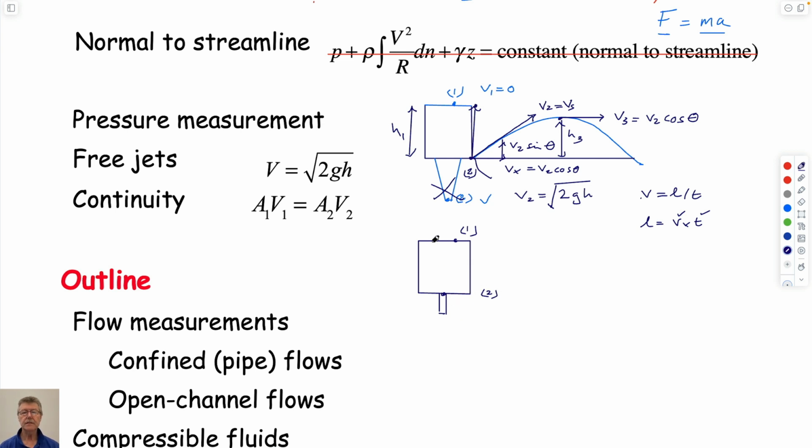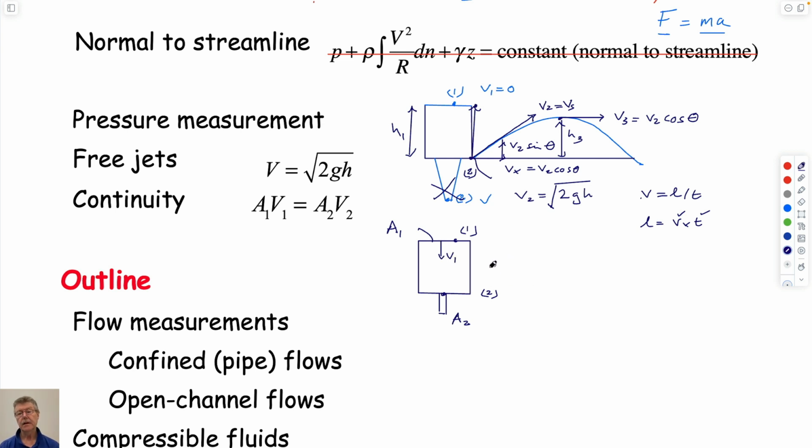What happens if this is a cross-sectional area, rather than being infinite area? And what happens if this, as we assumed before, is actually quite small? If that's the case, then we can't necessarily get away with that. If this is a small enough area that this is flowing at some velocity v1, then we need to account for that.